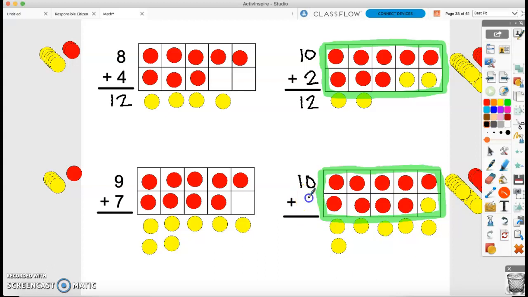I have 6 because we moved 1 into the 10 frame. So I know that 10 plus 6 is 16. So 9 plus 7 is also 16. Because remember, all we did, we didn't take any yellow away or add any yellow, we just moved it into the 10 frame.